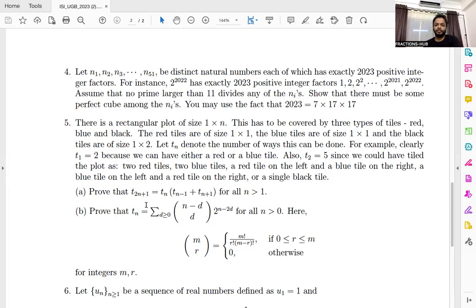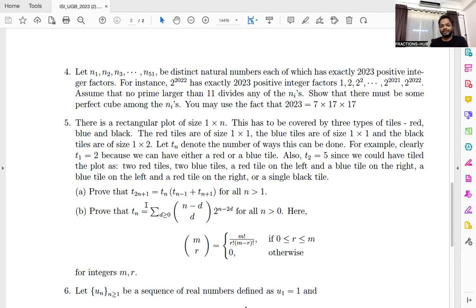Many combinatorial problems we have discussed can be solved using recurrence relation. One of the famous ones is the Tower of Hanoi problem. Also, suppose in a binary word of length n, you want to figure out how many binary words of length n don't have two consecutive zeros.